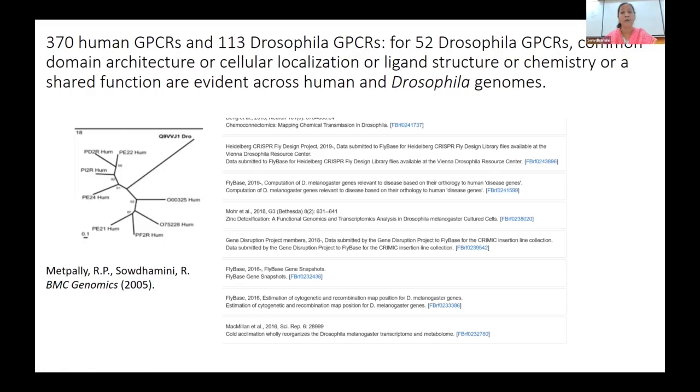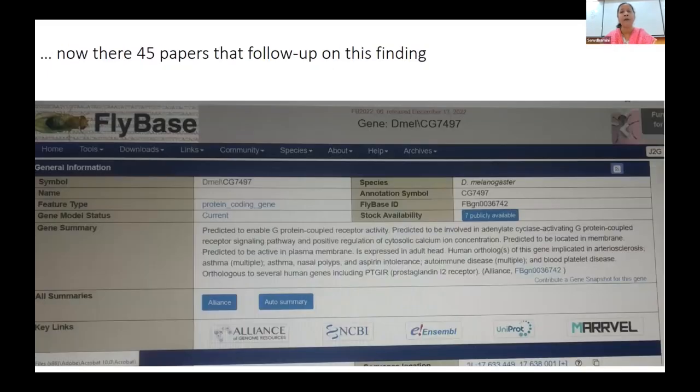And there have been attempts to actually take this forward. You can see that nearly 45 papers had come following up on that one prediction, but we actually made nearly 60 predictions. And as we look in FlyBase, as of now, this particular entry has already been accepted as a probable GPCR.